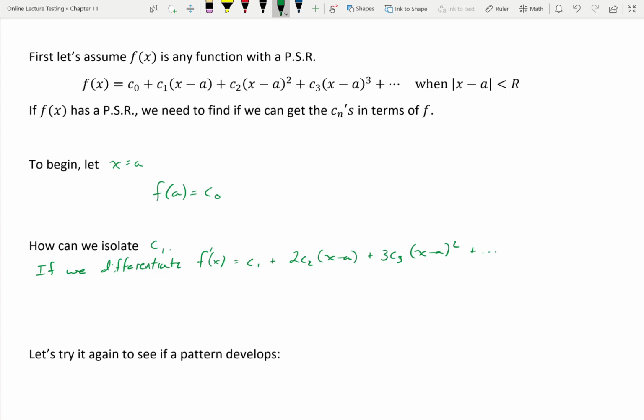We have said that if you take the derivative of a series, the radius of convergence stays the same.